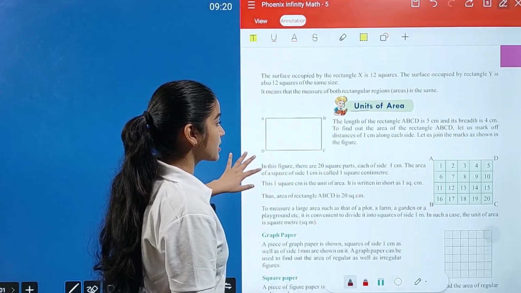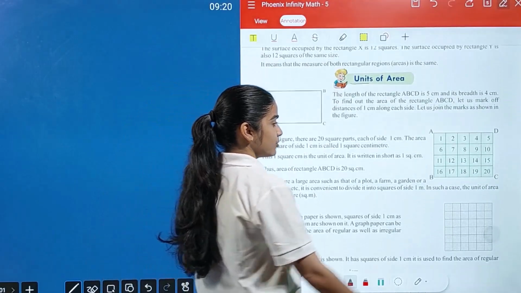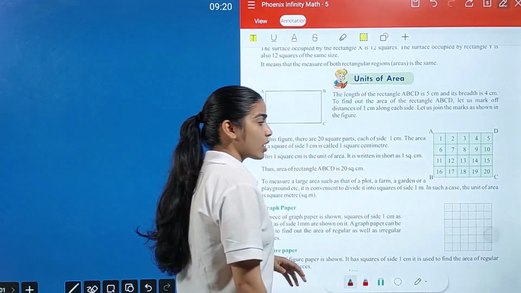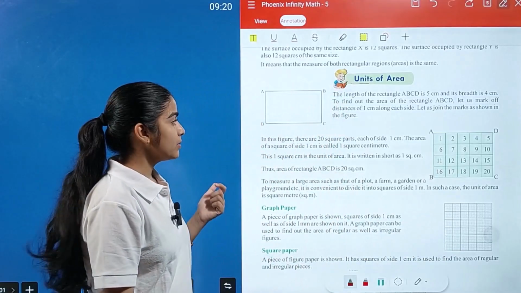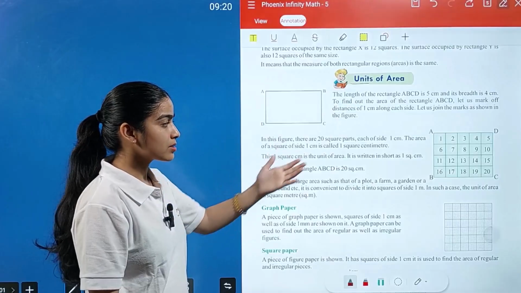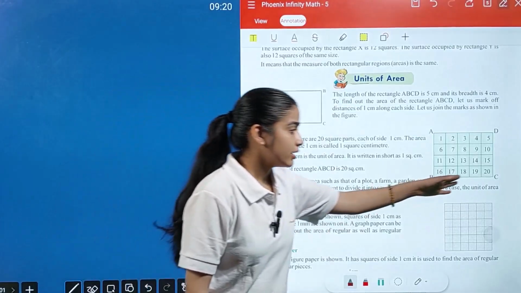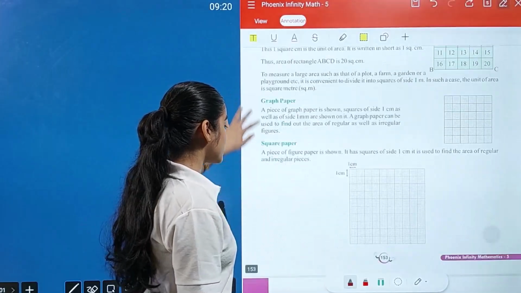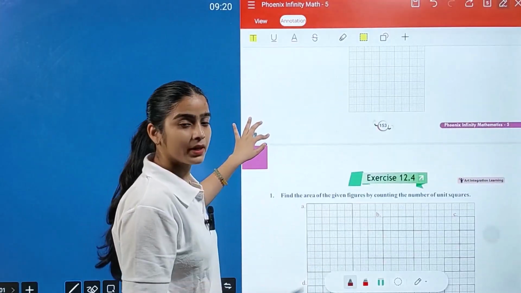Let us join the marks as shown in the figure. So what you have to do, you have to place it on this type of graph paper and count how many 1 centimeter squares are occupied by this rectangle. The count of that, here we have 20. It means 20 square centimeter area is covered by this particular rectangle.